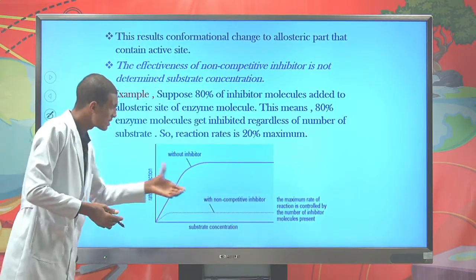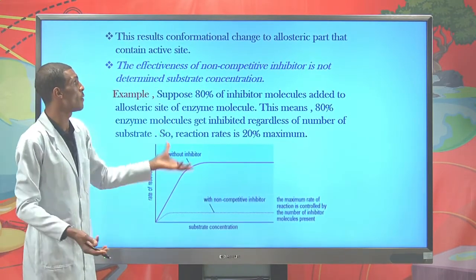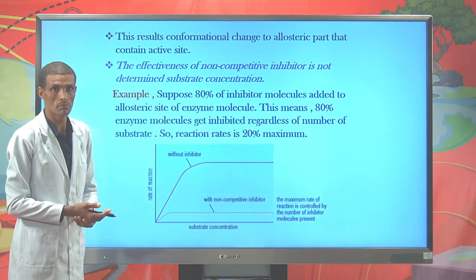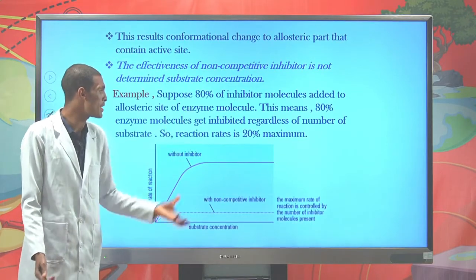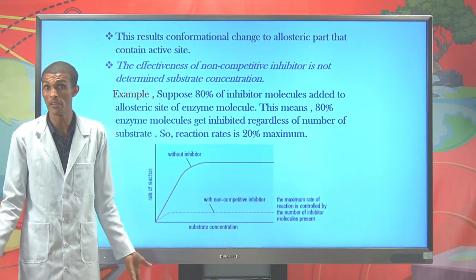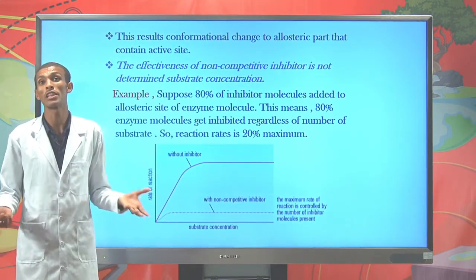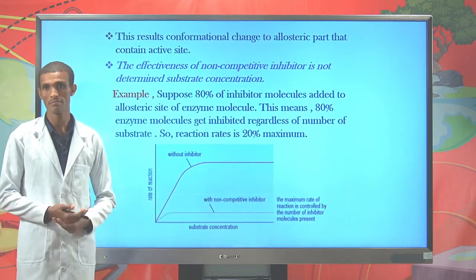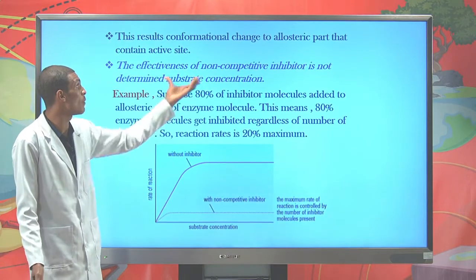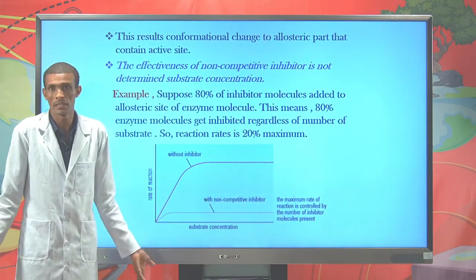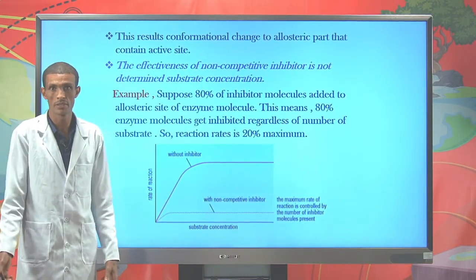If we add substrate concentration to a non-competitive inhibitor, it doesn't bring anything. The rate of the reaction is affected by non-competitive inhibitor regardless of the concentration of substrate we add. Adding enough substrate to this non-competitive inhibitor doesn't matter. It doesn't bring any change.